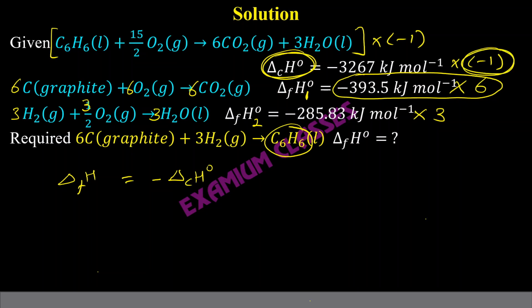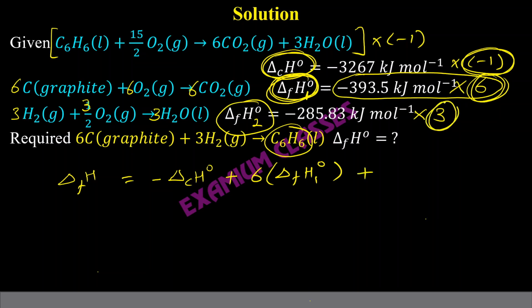Then second case, multiply this given enthalpy by 6 and add. What is this enthalpy? 6 times minus 393.5. The enthalpy is minus 393.5 multiplied by 6. And then whatever is the enthalpy here, I'm not writing 393.5, rather first write delta FH1 naught. Then add 3 times what? Delta FH2 naught.